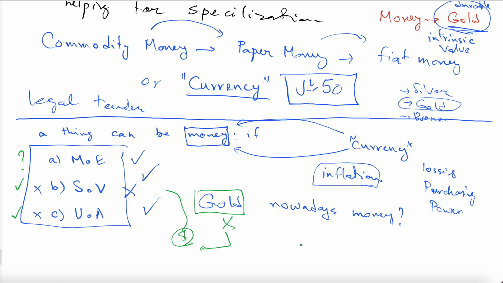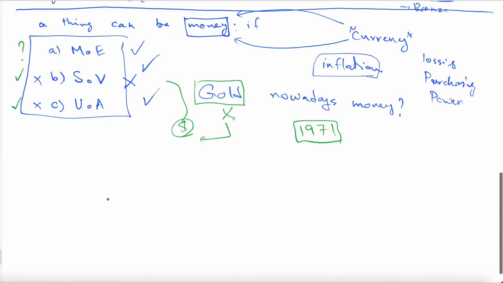Gold was money until 1971. Ever since 1971, we no longer have a gold standard. Actually, the gold standard or gold money naturally emerged, and from time to time, during World War I and World War II, it stopped for political reasons, for the war.